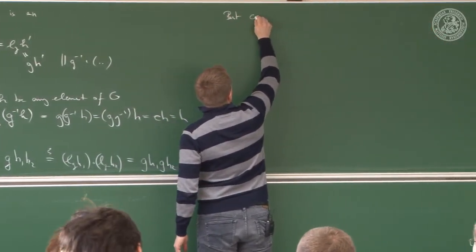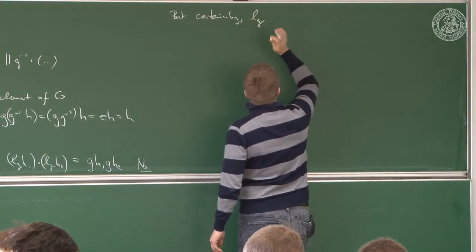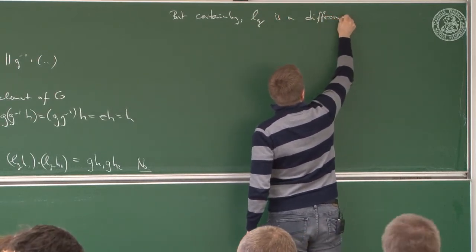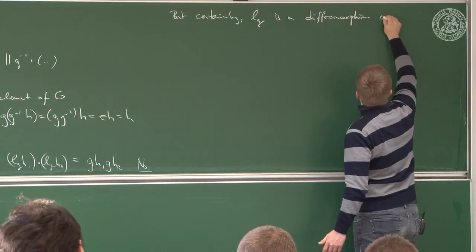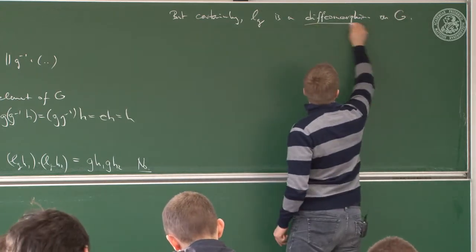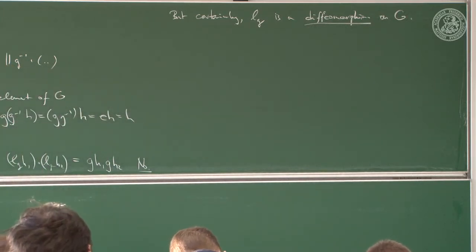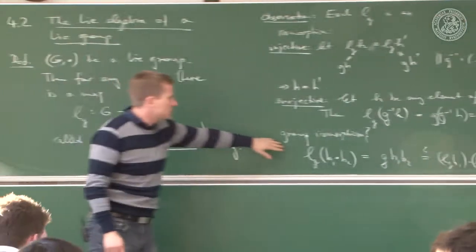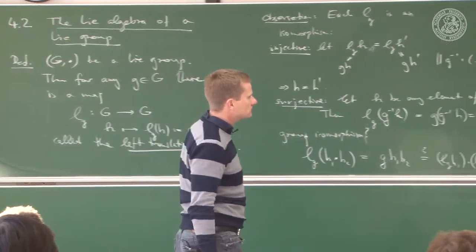But certainly L_g, any L_g, is a diffeomorphism from G to G, or we say on the underlying smooth manifold G. Okay. It's not a Lie group isomorphism, because then it needs to be a diffeomorphism and also a group isomorphism, but it's a diffeomorphism on G.